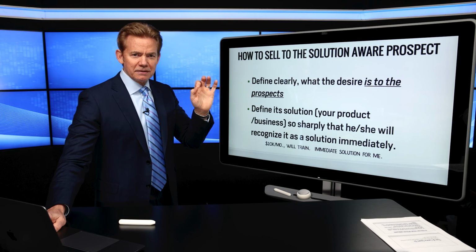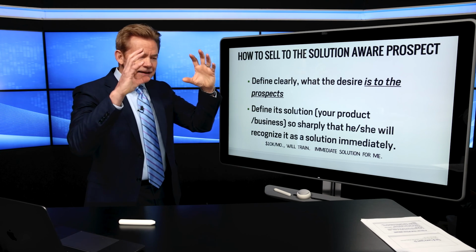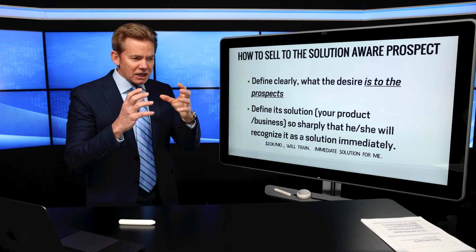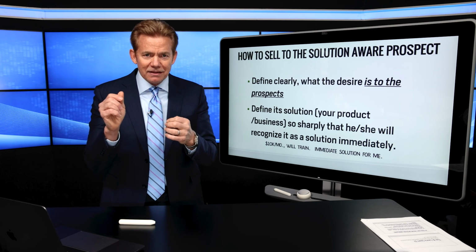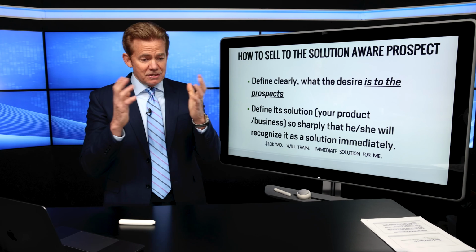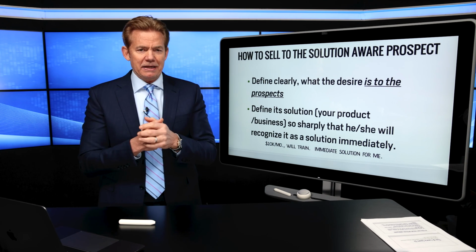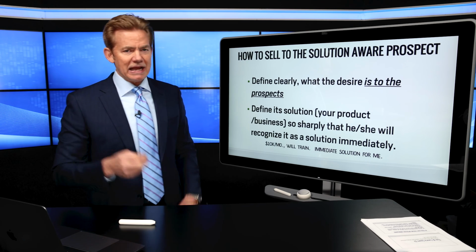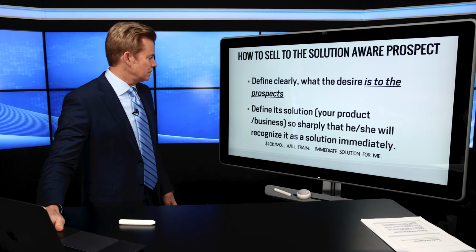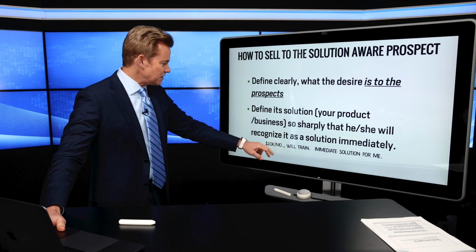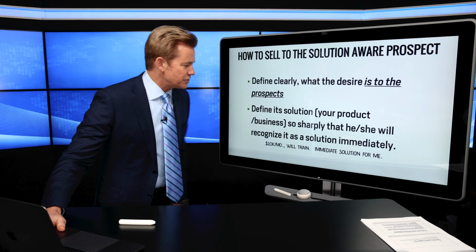That wasn't what I wanted, but he put the image in my head. You've got to understand the power of when you write a headline. Don't just do some hocus pocus thing; really think about it. When I saw that ad, it just went boom. I recognized it as a solution immediately. $20,000 a month, will train, an immediate solution for me.